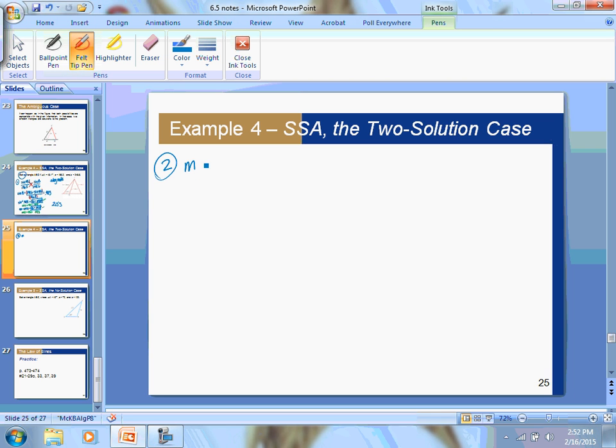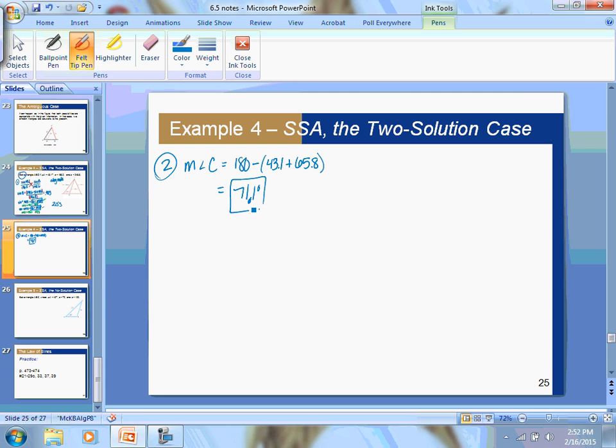So next thing I would find then would be the measure of angle C, and that would be 180 minus whatever the 43.1 and the 65.8 are. I think we found that before. That was the 108.9. So that tells me that the measure of angle C is going to be 71.1 degrees. So that's one of my options for angle C.